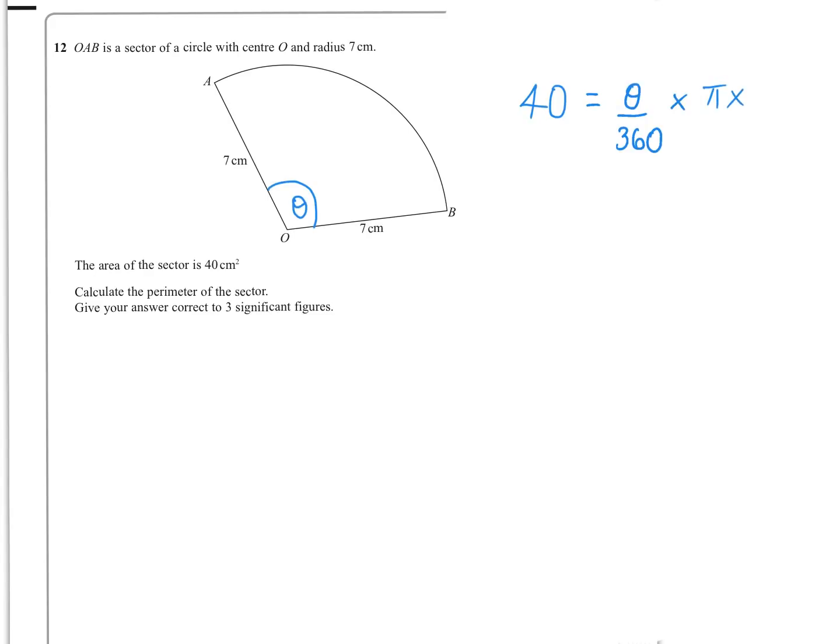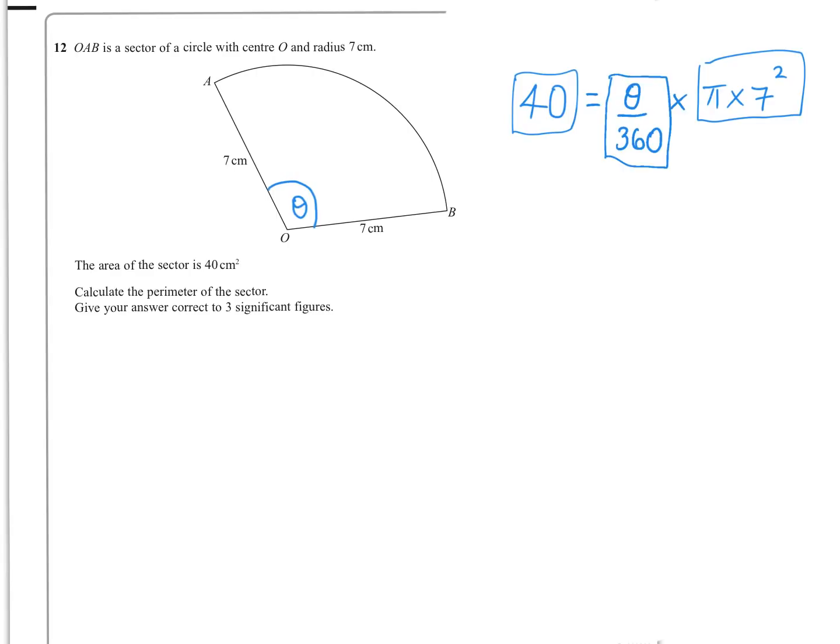So it's pi times the radius squared. So pi r squared would just be the area of a circle, but we want to know what fraction it is, and we're given that the area is 40, so it looks as though we just have to find this angle first, and then I guess we can do the next part of the question.